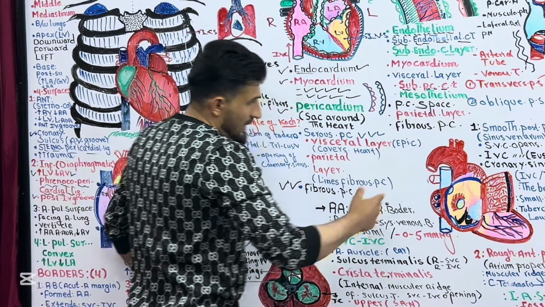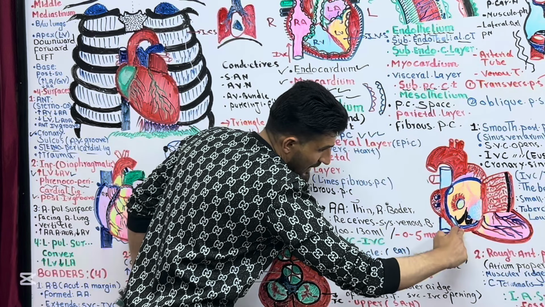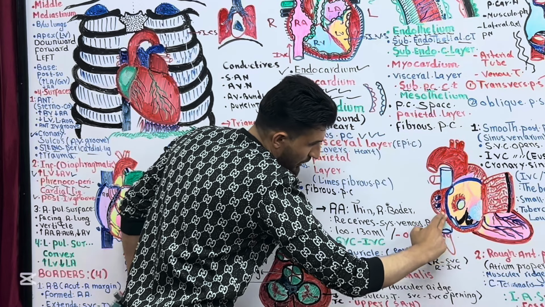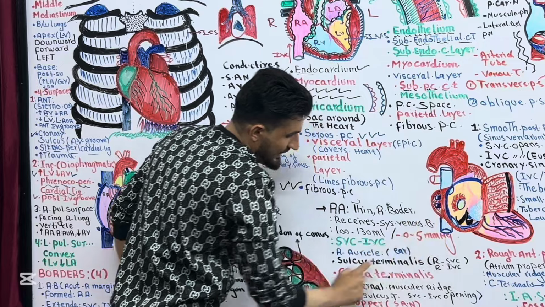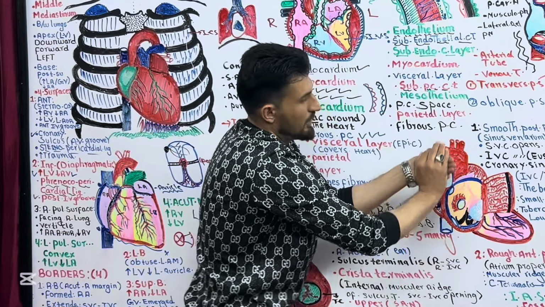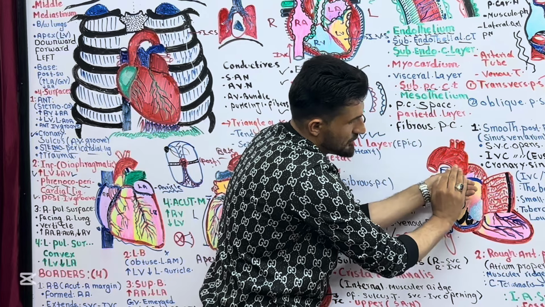So now I'll cut this right atrium from the anterior part, exactly at the crista terminalis. This is the heart, and this is the right atrium.